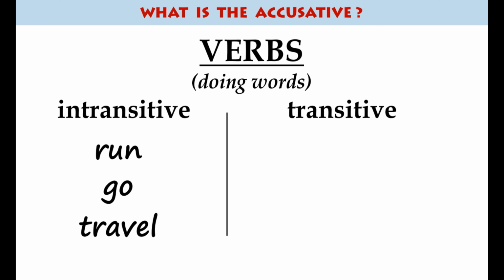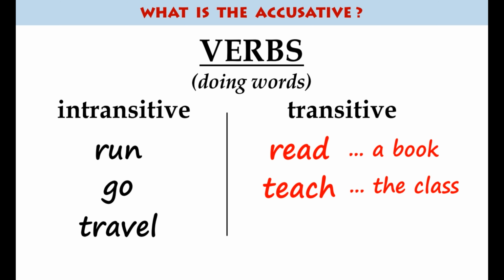Transitive verbs do have a second thing involved. For example, I'm reading a book. I'm not just reading, I'm reading something. I'm doing something to something else. The teacher is teaching the class, or the teacher is teaching Latin. The dog is biting the man.